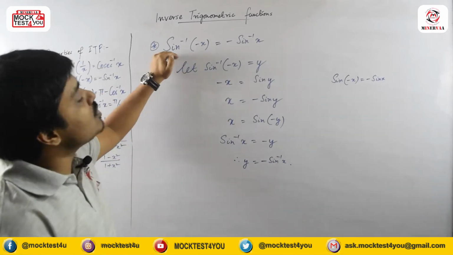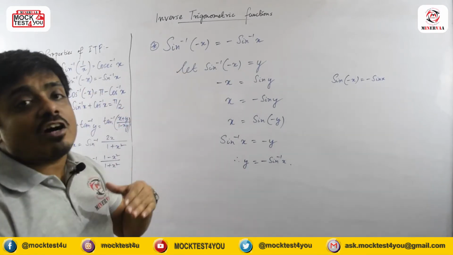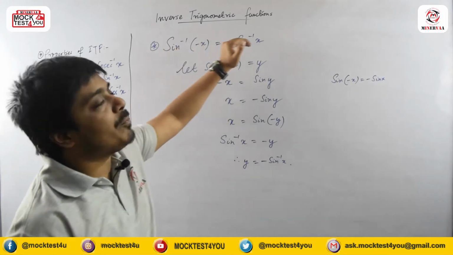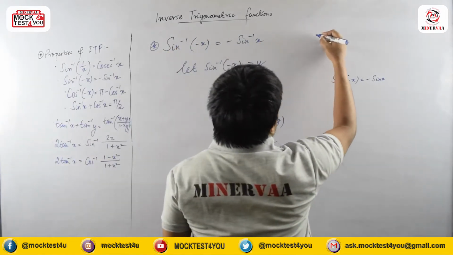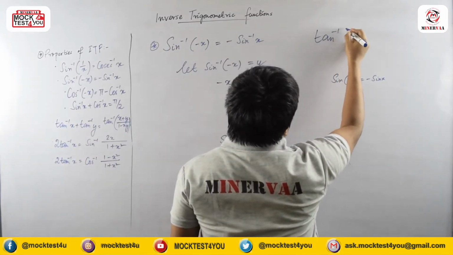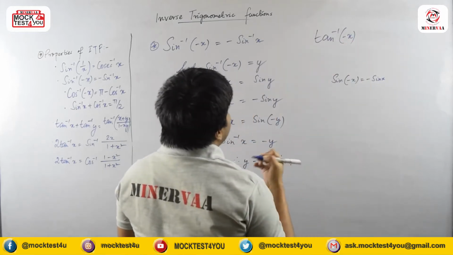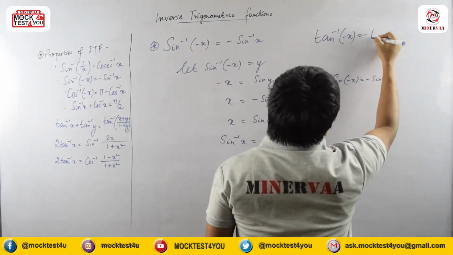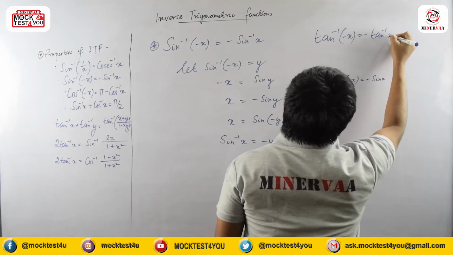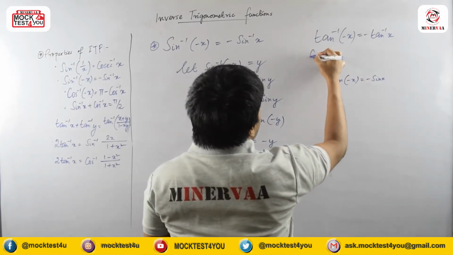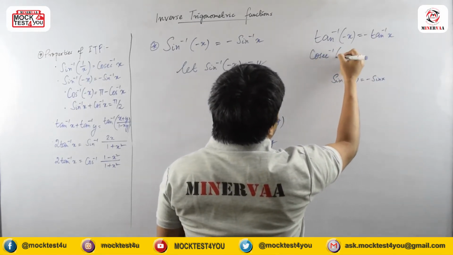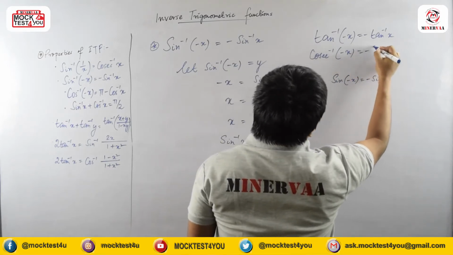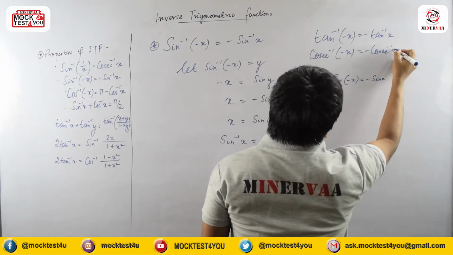Now, related to the sine, there are two more trigonometric functions which follow this property of sine. That is tan inverse. Whenever you see tan inverse minus x, you can write that as minus tan inverse x. And the other one is cosec inverse: cosec inverse minus x will be minus cosec inverse x.